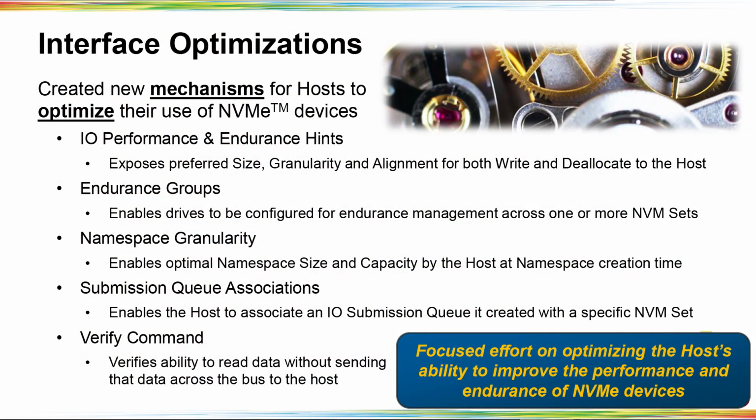We have endurance groups. These were added in NVMe 1.4, and what endurance groups do is they make it so that across a particular portion of the drive, the endurance for that particular namespace or set of namespaces is managed together so that the wear happens equally over that set or group of sets.